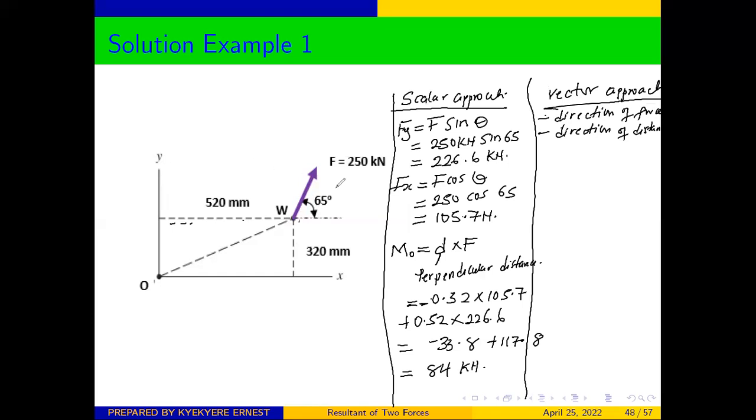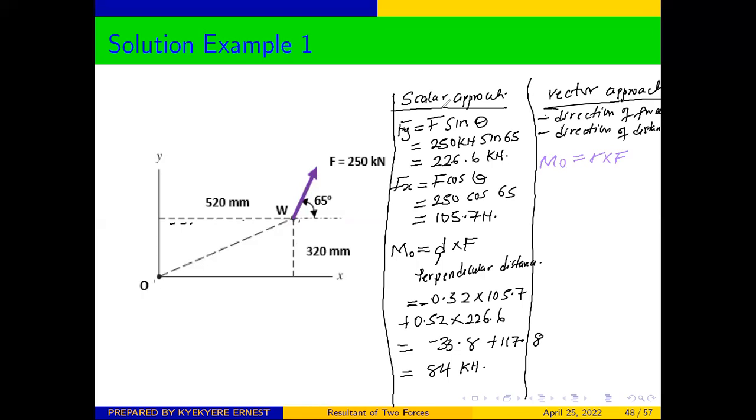If that is the case, then what we need to do is to find what we call the position vector. We know that the moment using the vector approach is going to be R cross F. This is the formula when you are using the vector approach.